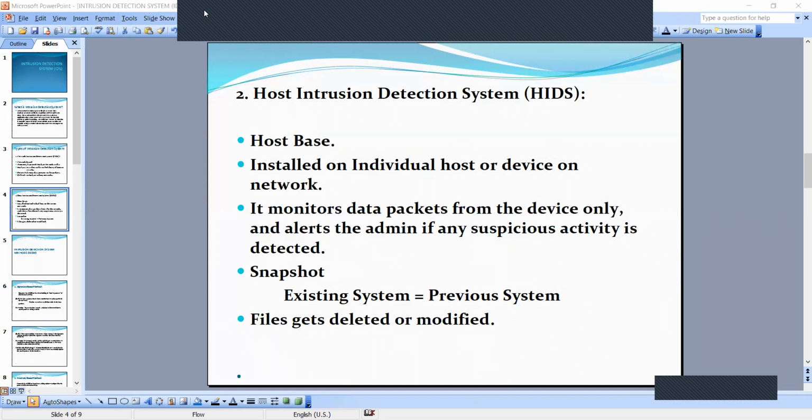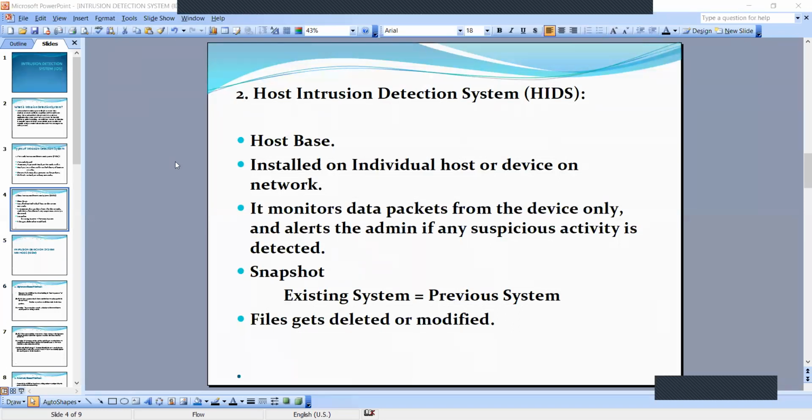Because our previous system is not connected to internet, it is safe, and we have everything that we had, and our existing system is already connected to internet. If it is not matched, or if something is different, it will alert that some suspicious activity is detected.